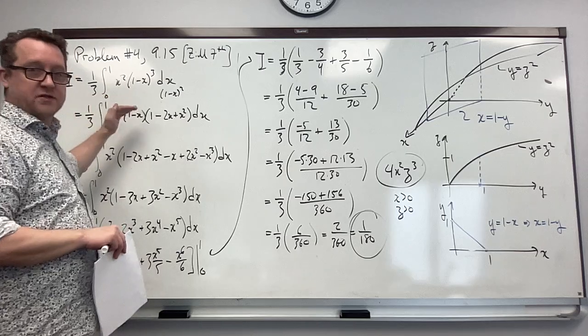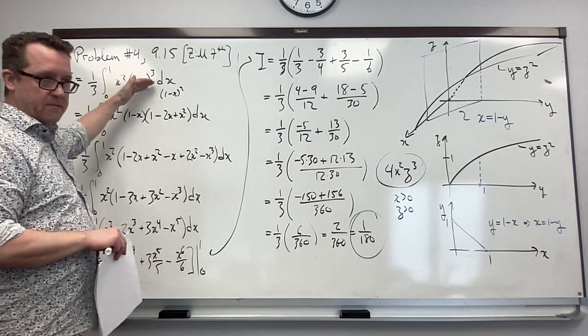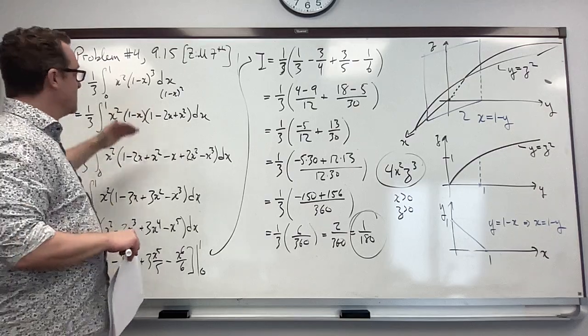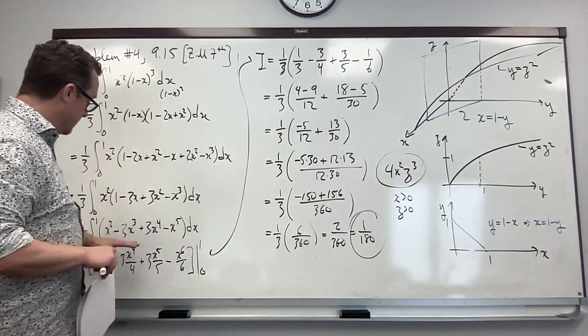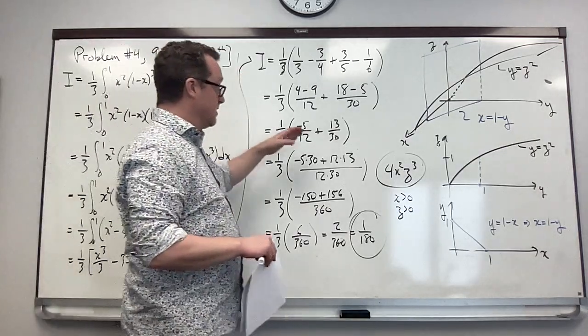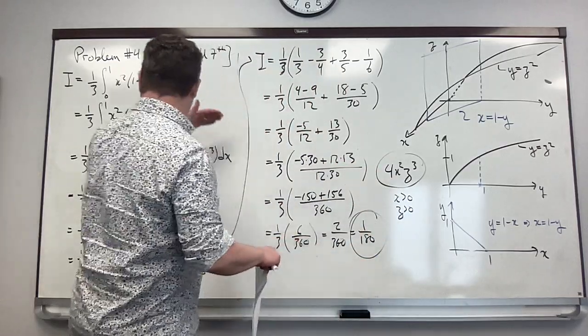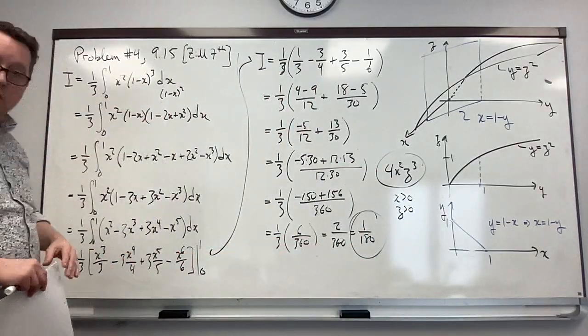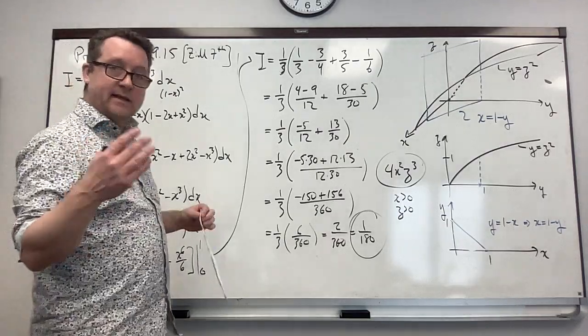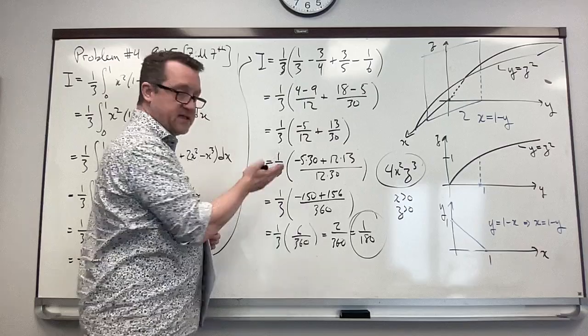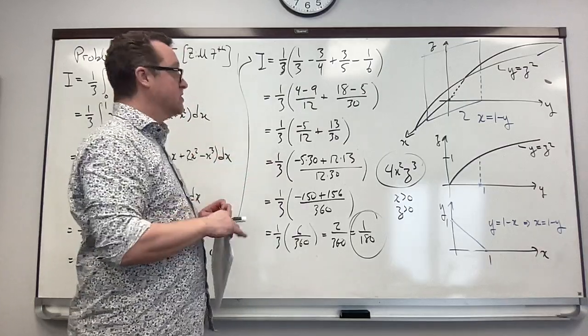You do not gain speed by skipping steps, because you might make a mistake and then have to go back and find it. So you want to do each of these steps. When you get to the end and have a wrong answer, you can go backwards and work out where the mistake is. So that's just another me ranting about doing this step by step, but it will save you time in the end.